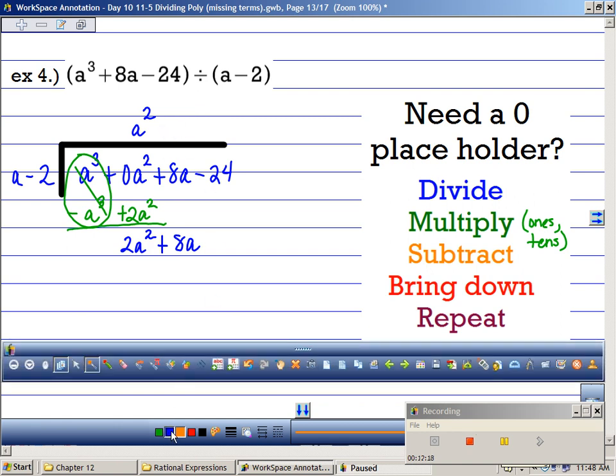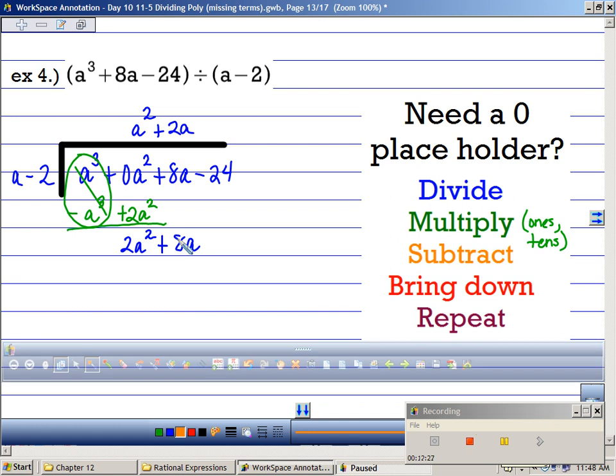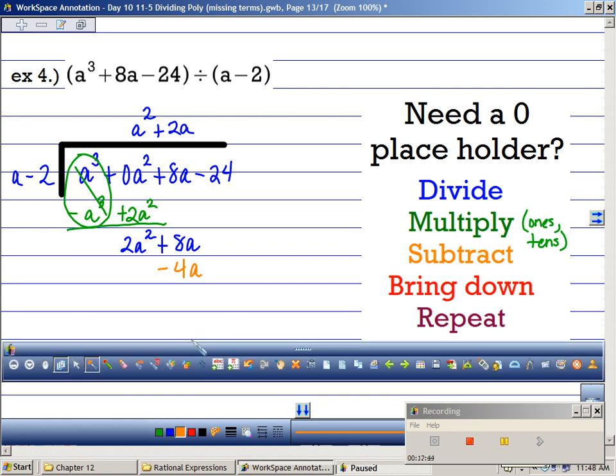2a. What am I going to multiply first, Jesse? Because I want to make sure that you're successful at this. 2a times what? -2, which makes -4a. Why do I leave the squared out?